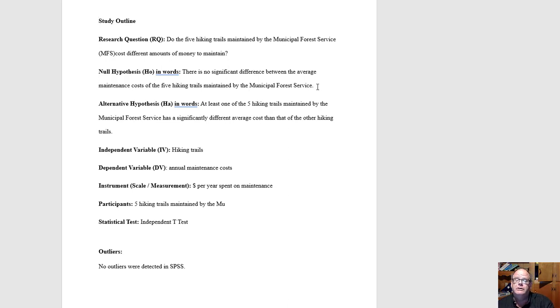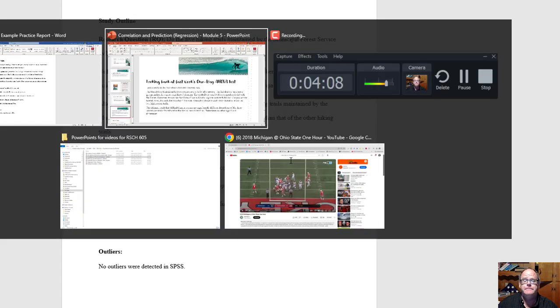So the null hypothesis is saying there's no significant difference anywhere between any of the 5. If there's a single significant difference between any 2 of the 5, that's going to force the rejection of the null. Right? The null is saying there's no significant difference anywhere among any of them. All right.